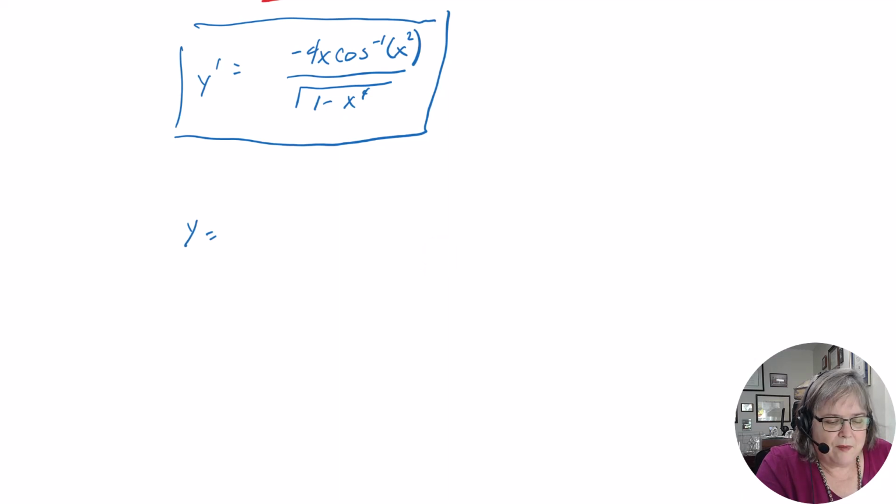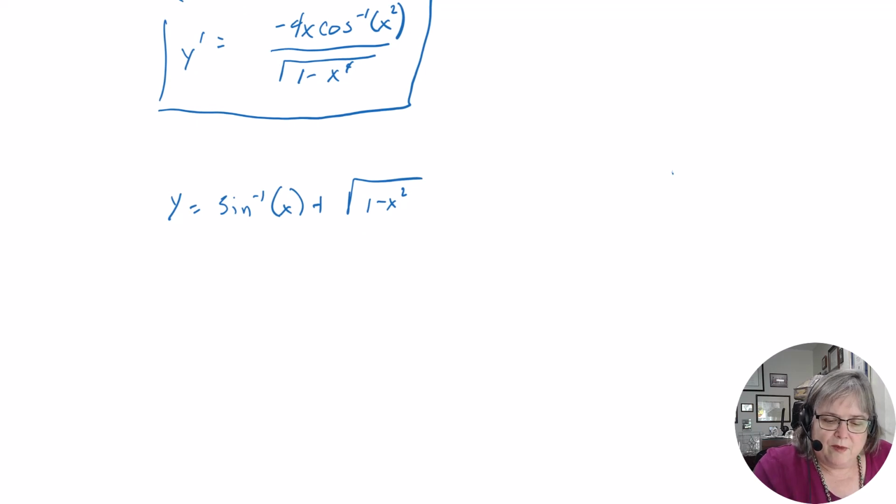So remember, this could be arcsine or inverse sine. So inverse sine of x plus the square root of 1 minus x squared. And the derivative of the inverse sine of x is 1 over the square root of 1 minus x squared. So you might be going, hey, look, might be something here.